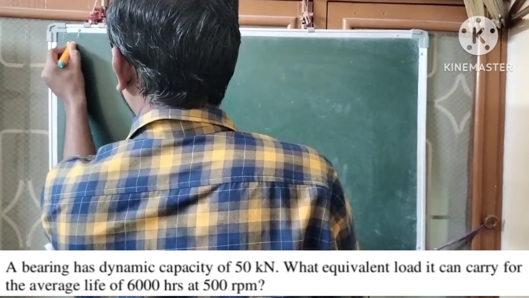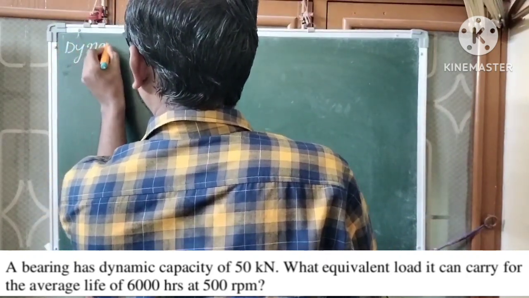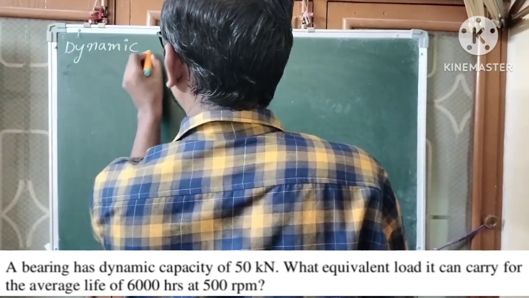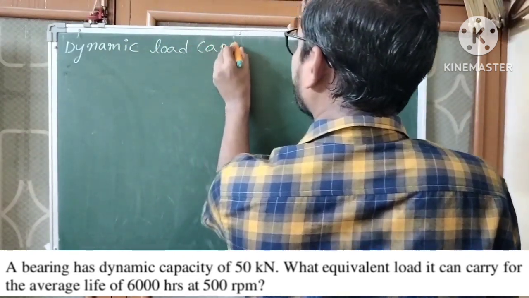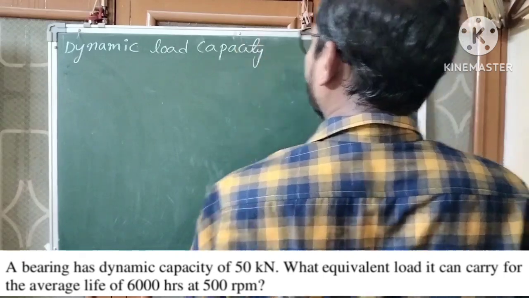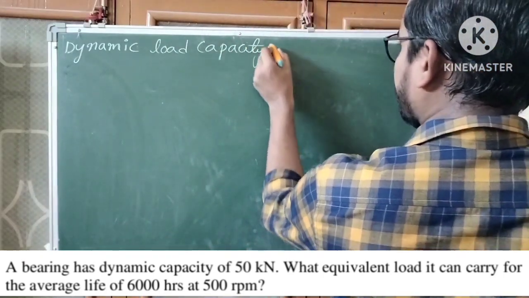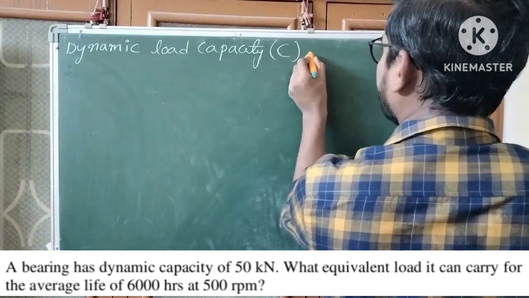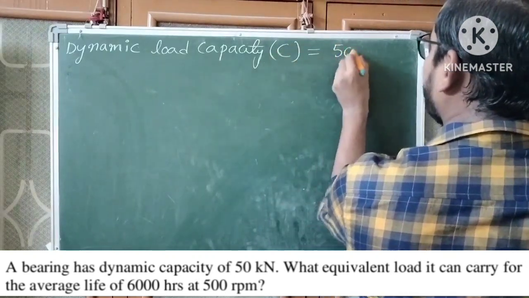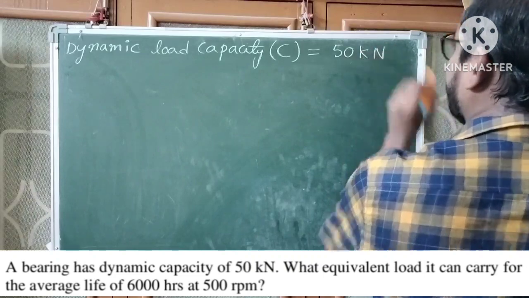So first of all, let us write the given data. The given dynamic load capacity, generally denoted by capital C, is equal to 50 kilonewton.